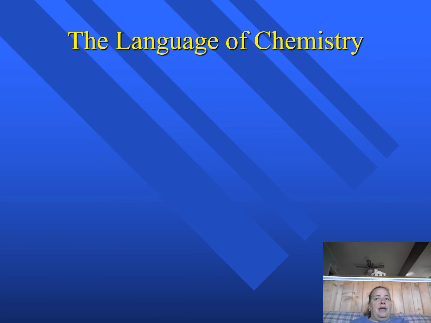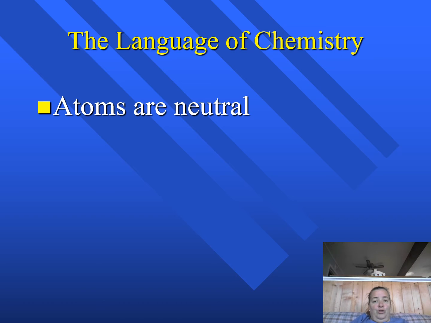Remember that atoms are neutral and ions are charged. Basically, they're just an atom that's lost or gained electrons. So if somebody refers to an atom, then you assume it's neutral, same number of protons as electrons.